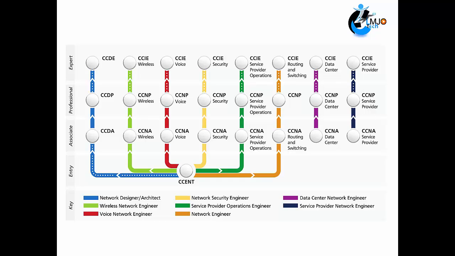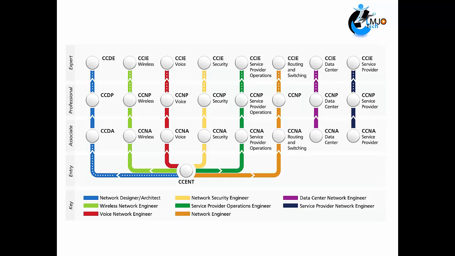But if you really want to have experience and more knowledge in security, so that you can configure more different network devices in terms of security, you can go with the CCIE Security certification, which is again one of the difficult and most complex certifications that we have with Cisco.